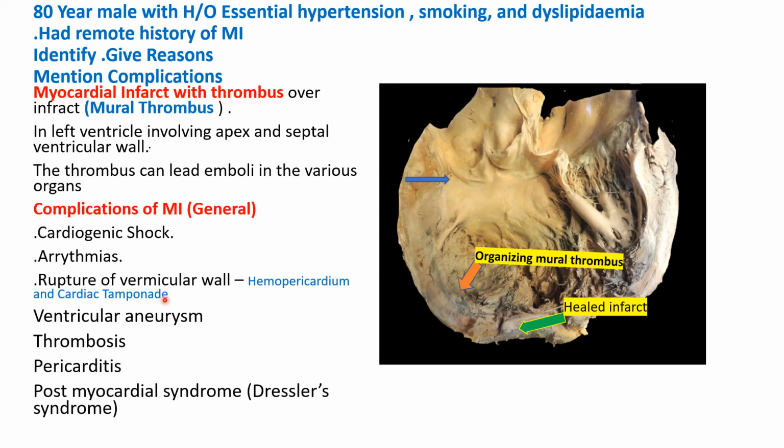That means rupture of the ventricular wall of the heart because of severe transmural myocardial infarction, that means the entire wall is involved. Then in long-standing complications, you have ventricular aneurysm, thrombosis, pericarditis, and post-myocardial infarction syndrome or Dressler syndrome. So the specimen is of myocardial infarction with mural thrombus.